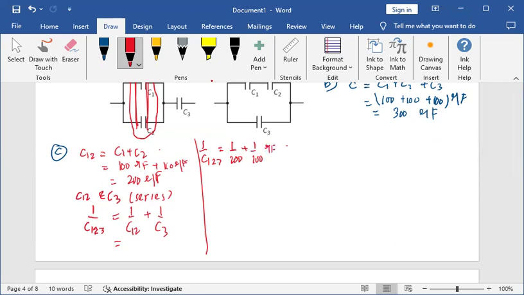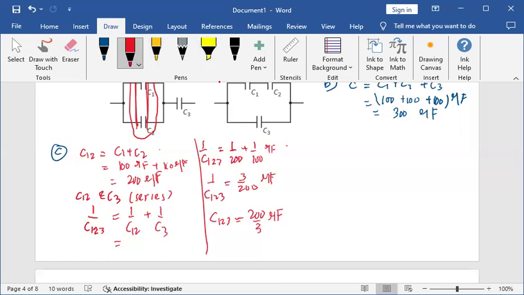Now next, do the addition: 1 over 200 plus 1 over 100 will be 3 over 200 microfarad. So C123, or the total capacitance of this capacitor network, is 200 over 3 microfarad.